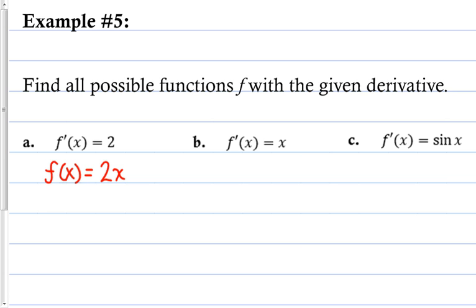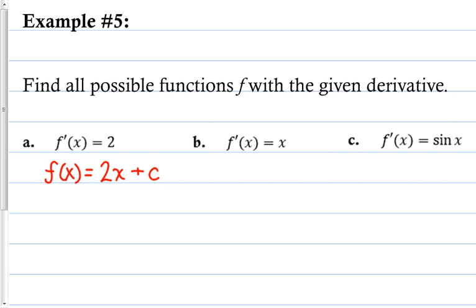Okay, check it. Derive this. The derivative of 2x is 2. Now, I do have to take into consideration that there could have been a number there that went away when we derived. So there's my constant. Okay, easy enough. When you have a constant, it's just plug in the variable back. Or put it back in.